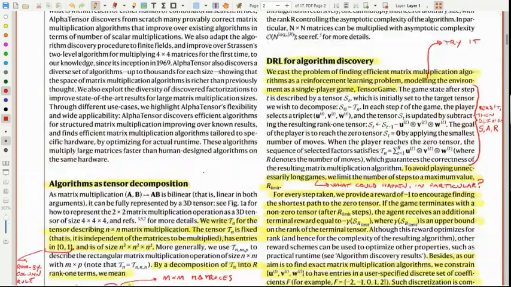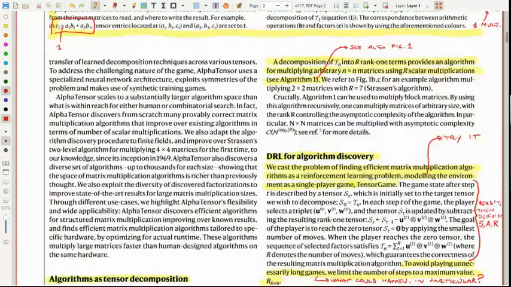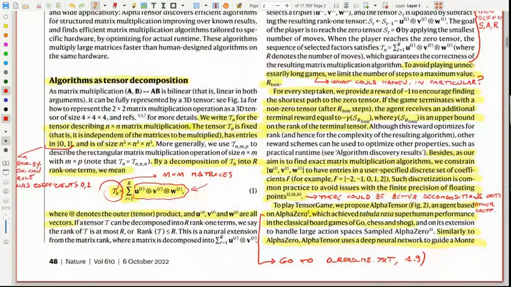This picture is an explanation of what I'm telling you now. But just trust me in this case, that if you can do such a decomposition, then the algorithm that you are representing with this original tensor corresponds to another algorithm.